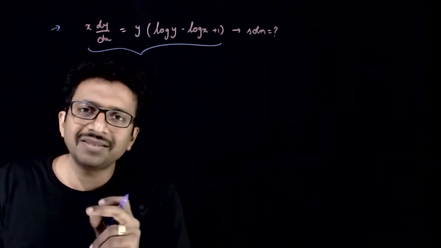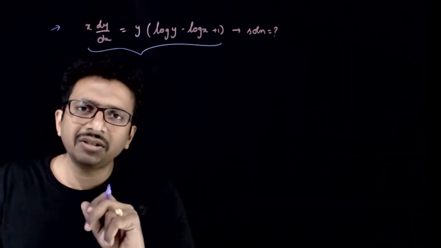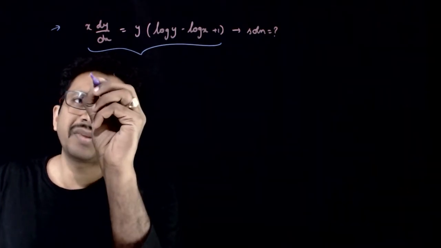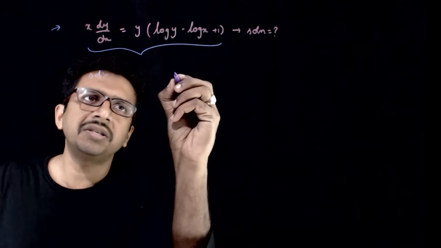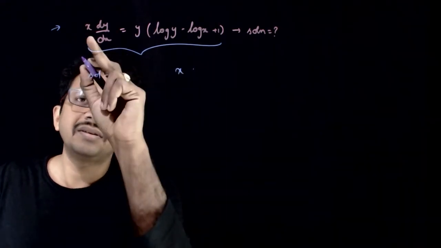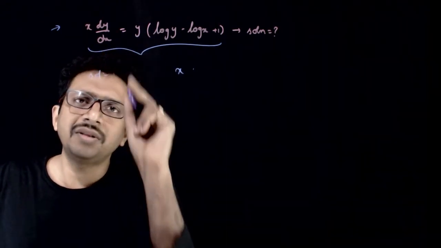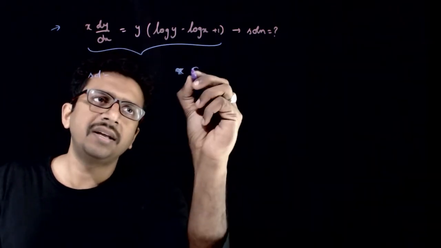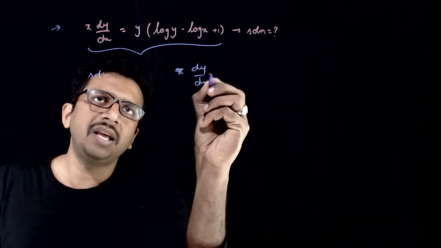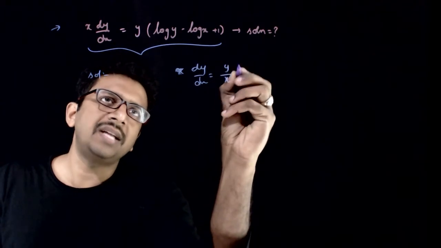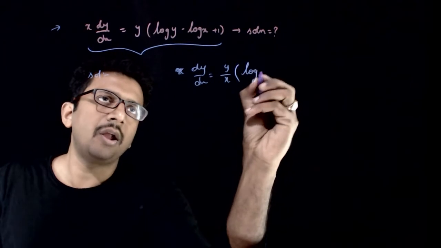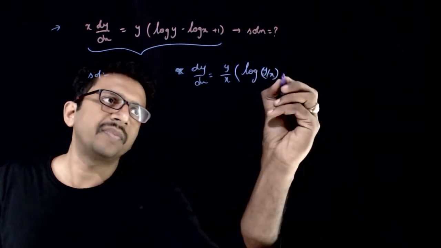By observation, you can see that this differential equation is made up of terms like y by x. If I bring this x onto this side, you get dy by dx is equal to y by x times (log y minus log x, which can be written as log of y by x, plus 1).